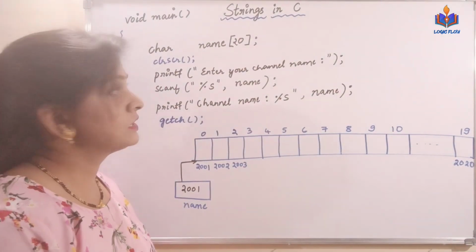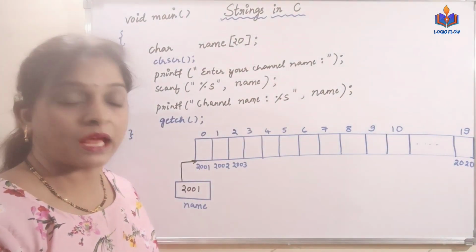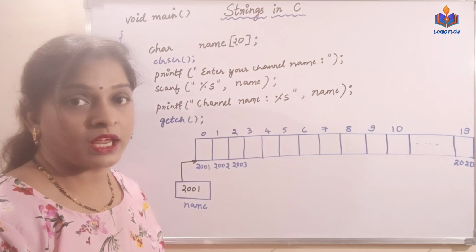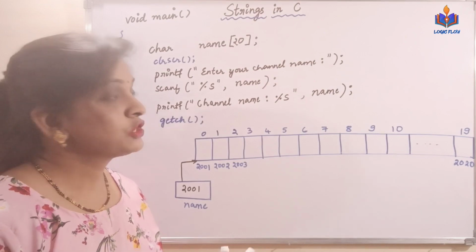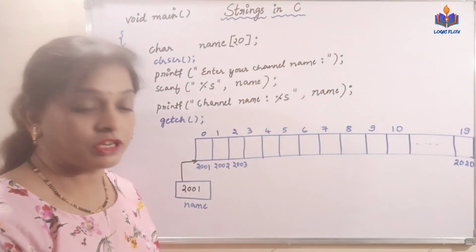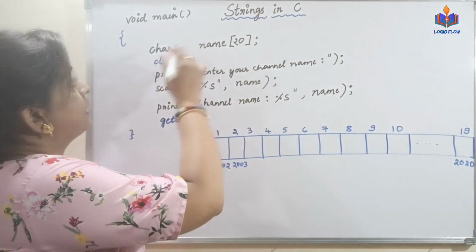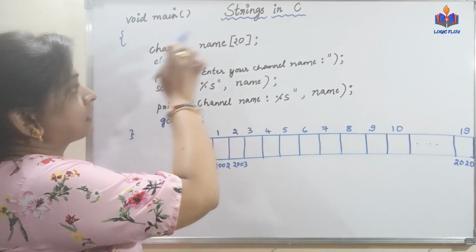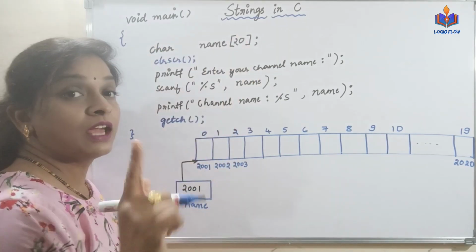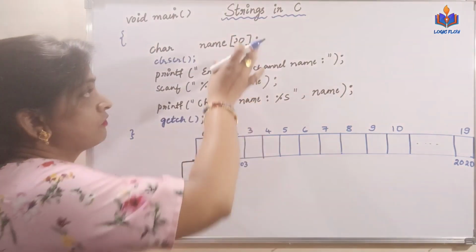So here is a small program to read a string using scanf. Let us see how this program is going to work. Here we have the array declared, which is of character type and maximum size is 20, and we have not initialized it. We have simply declared.